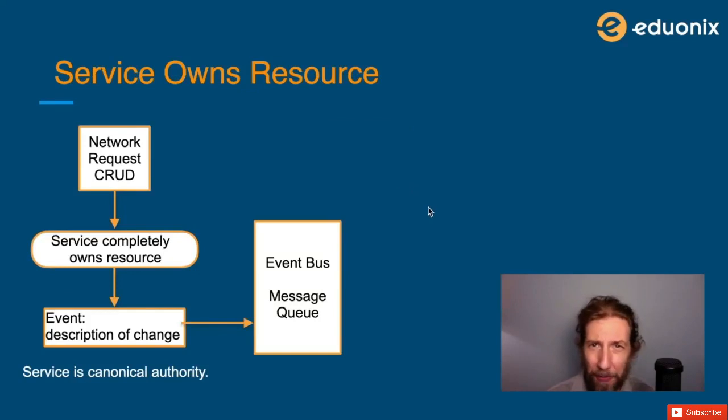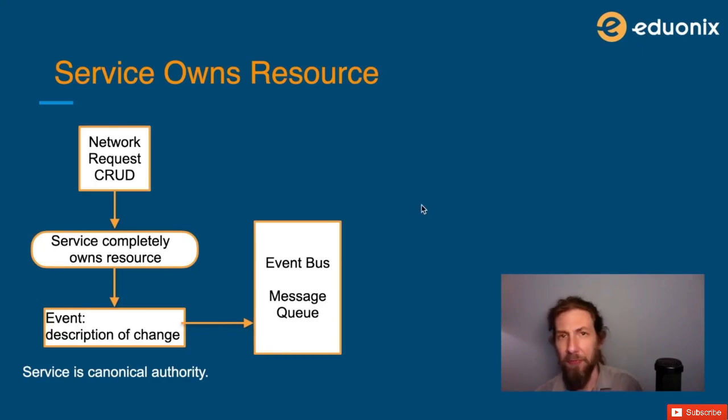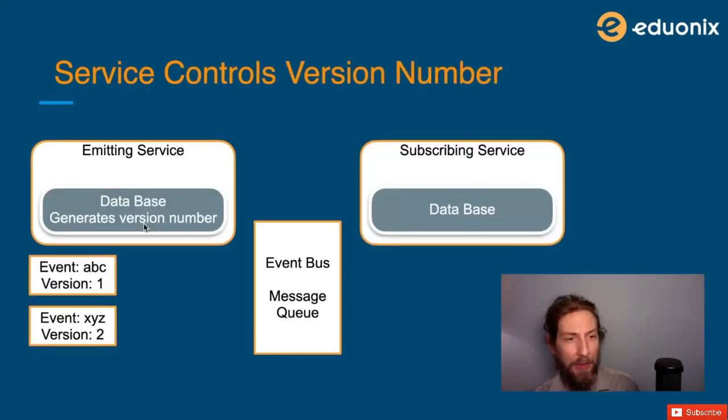To fix this problem, we have to actually structure the architecture of the microservices in a special way. We have to make sure that each service completely owns its resource. Using this pattern, each service is a canonical authority on the resources that it owns. Now we can generate a number here for each event that happens.